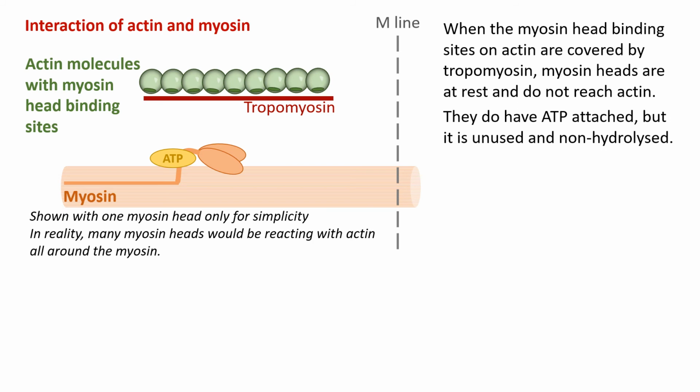So bear in mind, it's not being used. We haven't released the energy from it. It's like holding a battery, but not actually connecting it to anything. There's no energy unless we hydrolyze it. So it's unused and non-hydrolyzed, and it maintains that myosin head in its current low energy state.